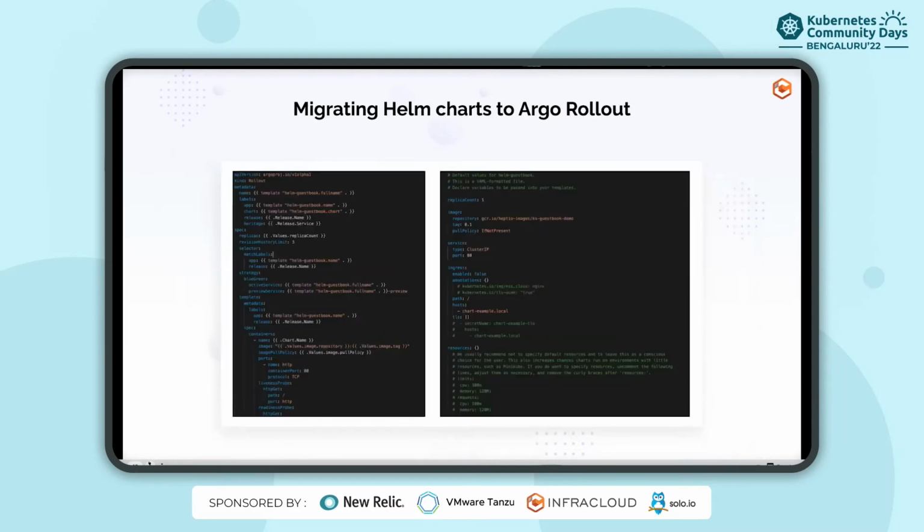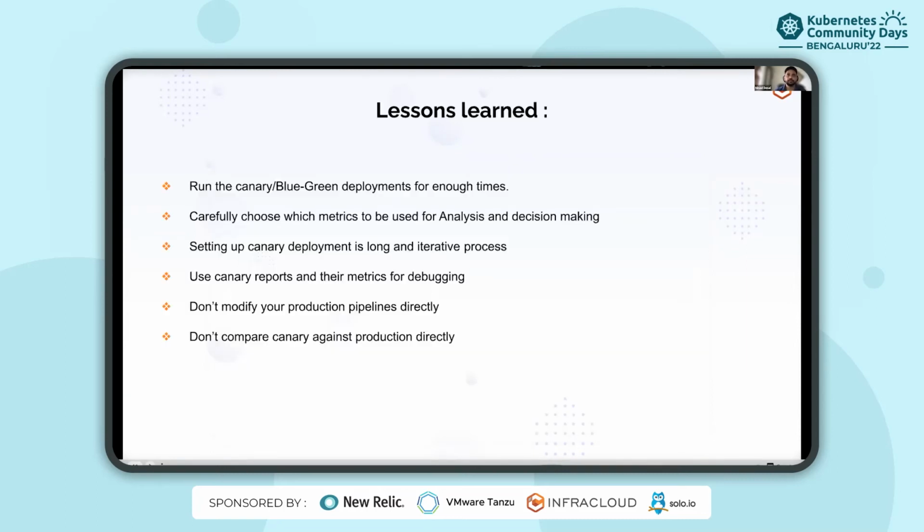Makes sense. You have already seen this Helm chart that I showed, right? Nothing different; you would just be templatizing it, just like you do for any other deployment object. These were my lessons from the work that we did. Make sure it isn't a very short time to decide whether to promote ahead or not.